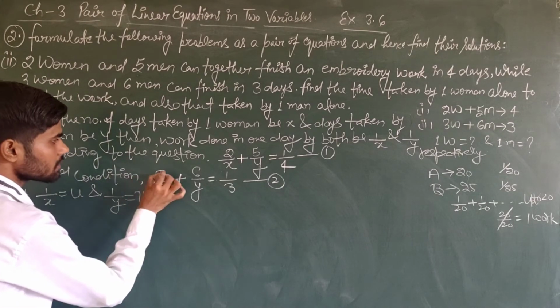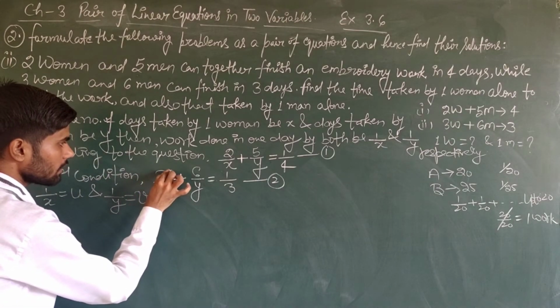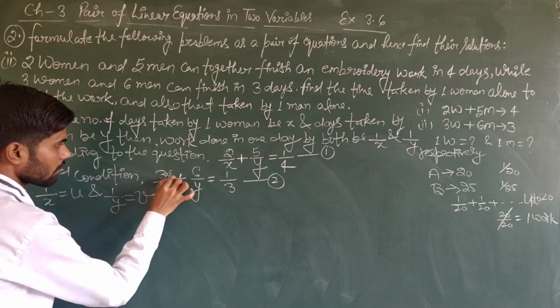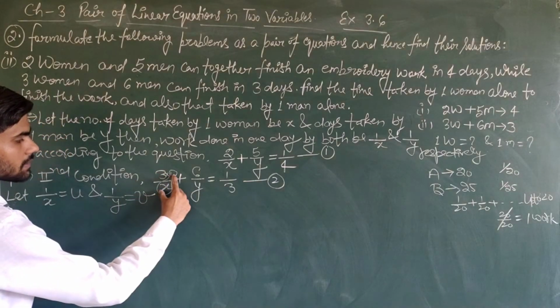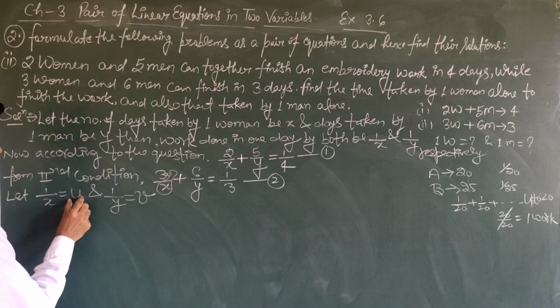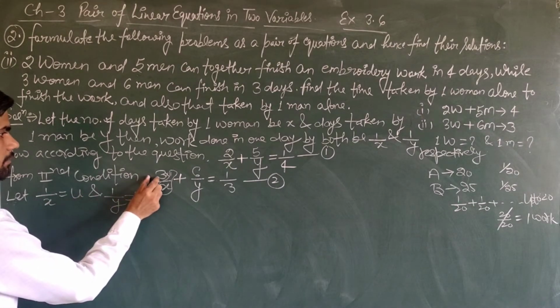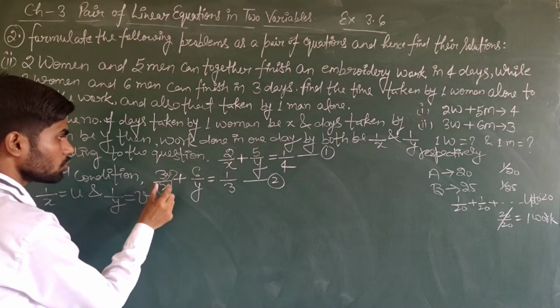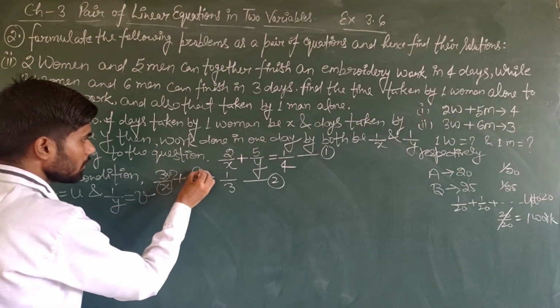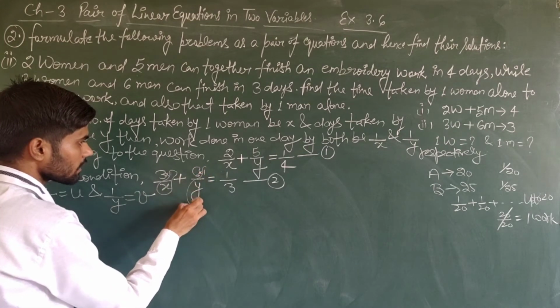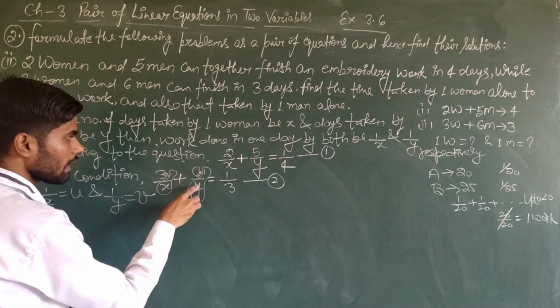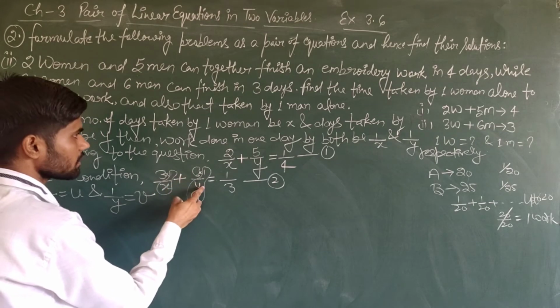If 1 upon x is equal to u, then in place of 1 upon x, this will be u and 3 will be same, means 3u. In place of 1 upon y, this will be v and 6 will be same, means 6v.